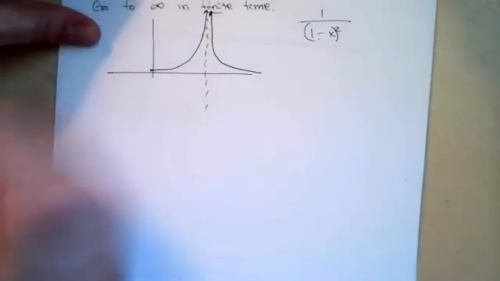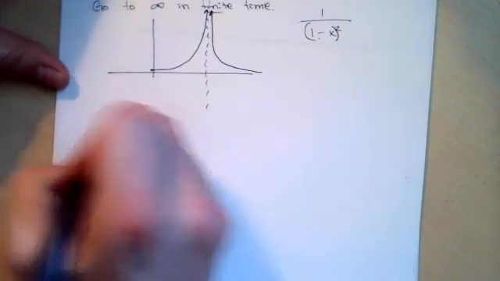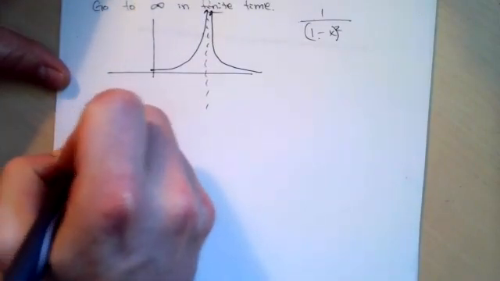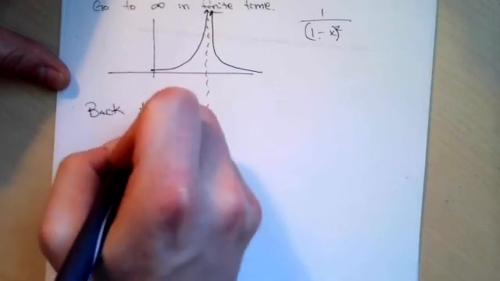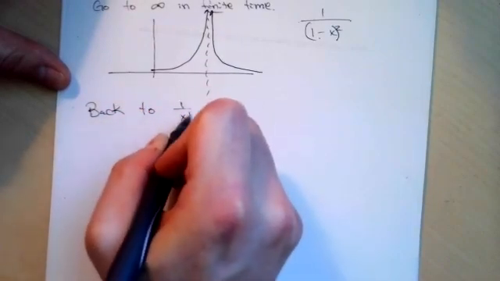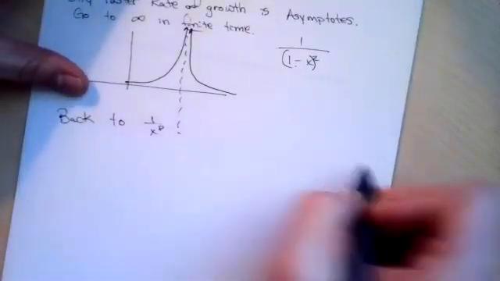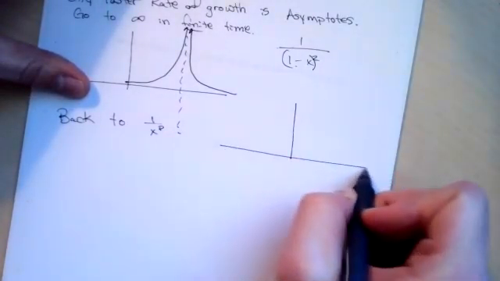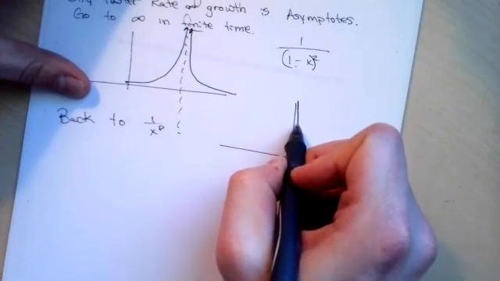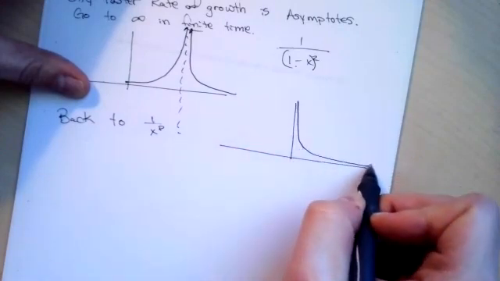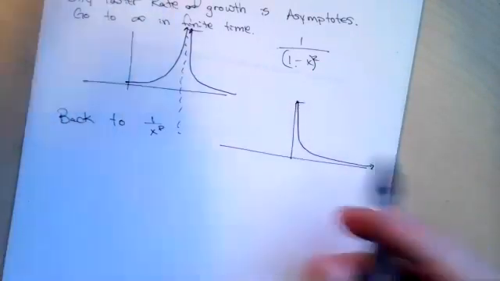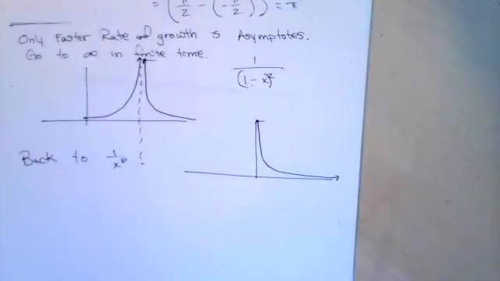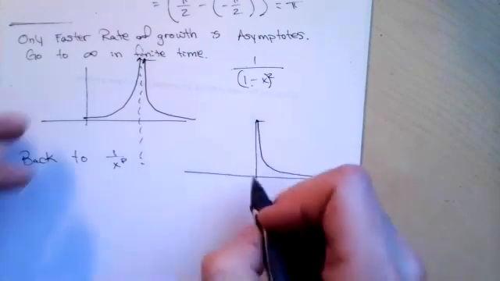And so one of the questions, let's actually go back to our standard question that we started with. With 1 over x to the p, it goes off to infinity at 0, and of course decays to 0 as x goes to infinity.